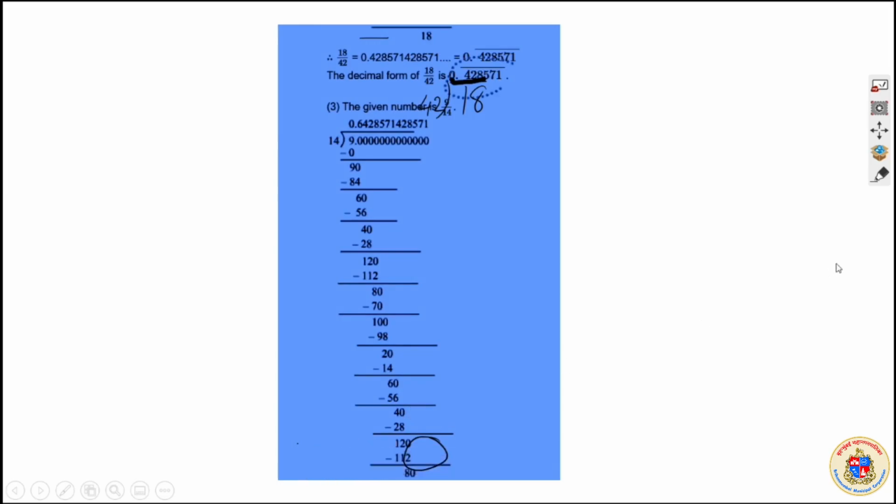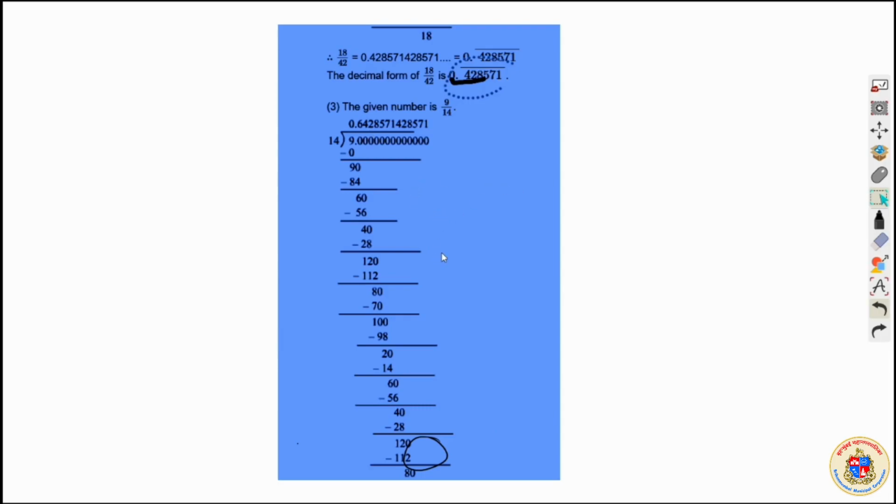Here is another example. Nine upon 14. In the case of 9 upon 14, we can see that the remainder over here is not coming out as in the previous case, but there is no zero remainder also, and there is no recurring quotient also here.